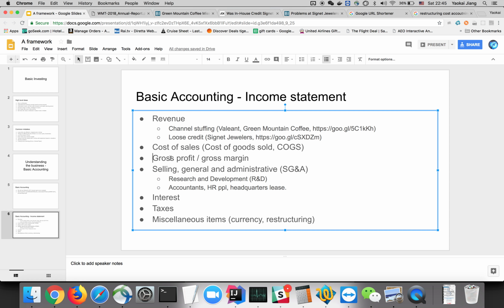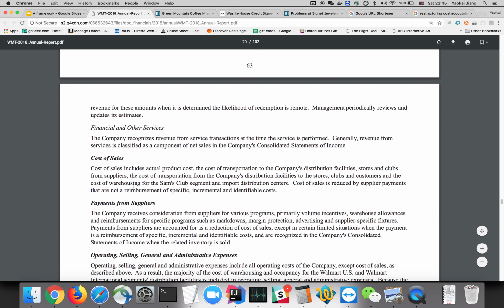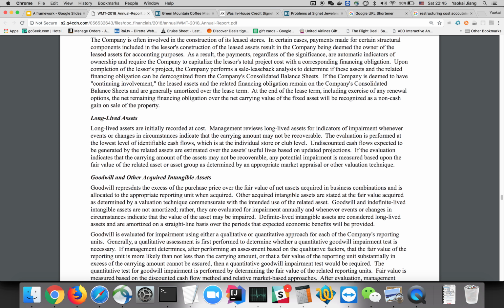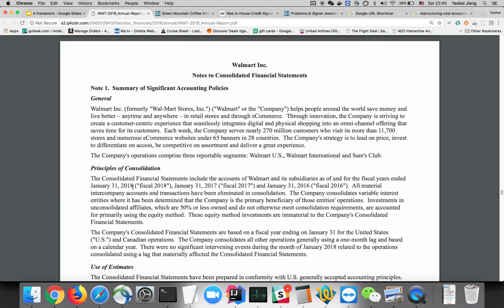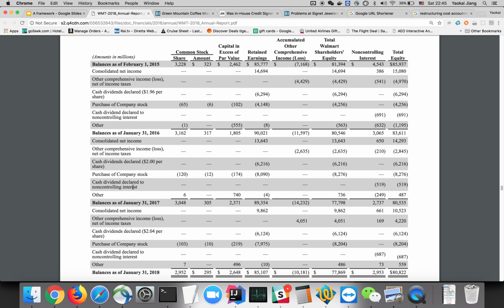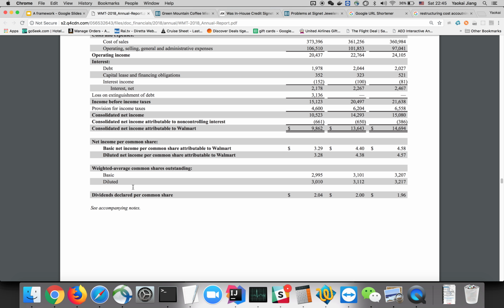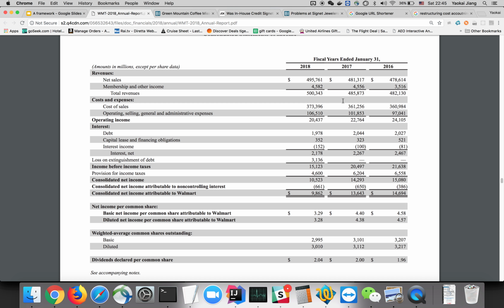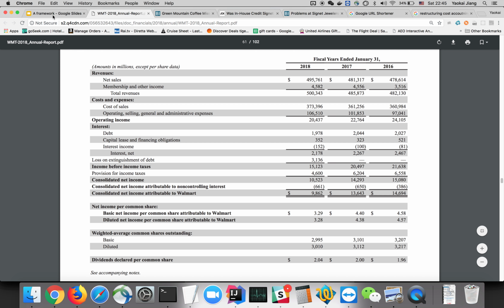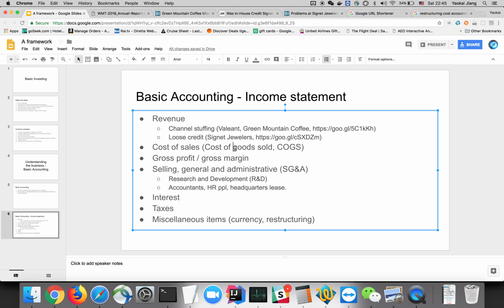And next thing is gross profit. So gross profit is very simply just revenue minus cost of sales. So you basically just do total revenue minus cost of sales. That's your gross profit. And gross profit itself is not as interesting, but gross margin is very interesting.